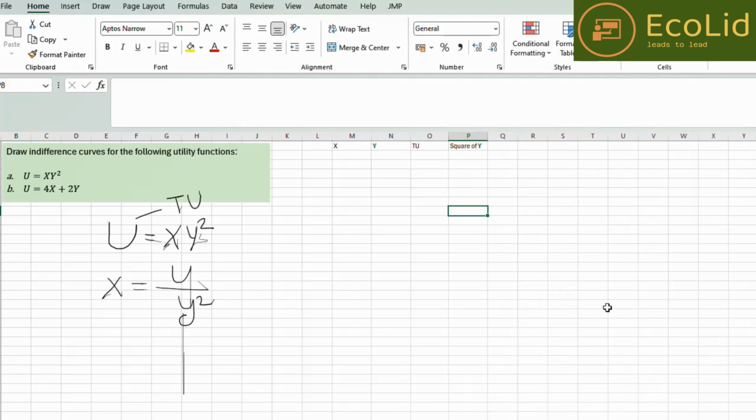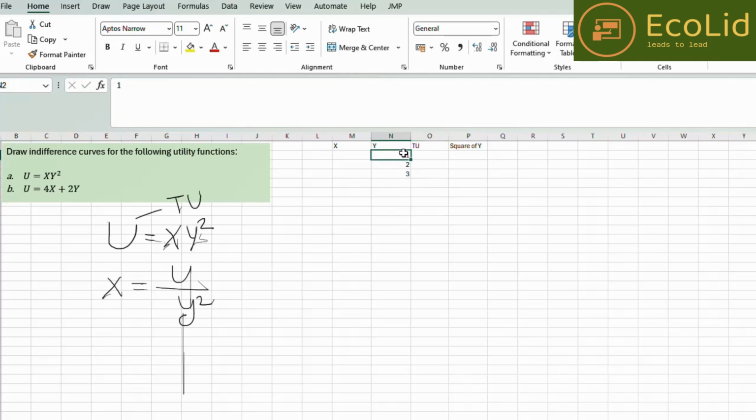So we have generated all the required columns. Now we need to connect the values with the help of formulas. First, we do have y on the right hand side, so we will take the values of y first. For example, we are taking just 1, 2, 3 like that.